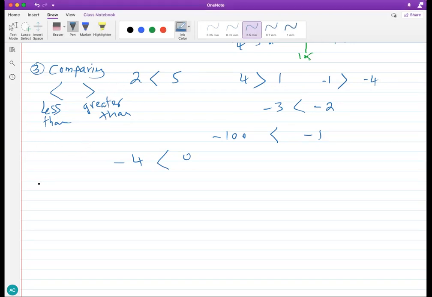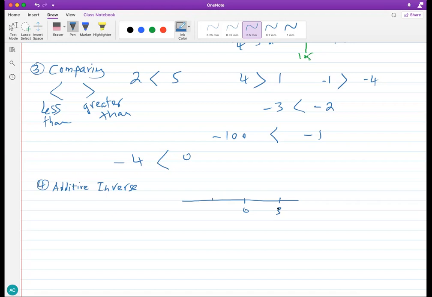Now, one other property of real numbers is what we call the additive inverse. What this means is simply that 0 is here, and any number on the right has an opposite number on the left.